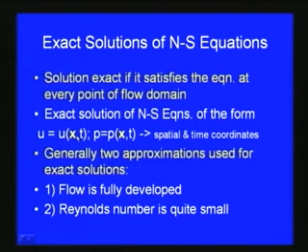We can generally write the exact solutions in terms of velocity, u as a function of x and t, where x represents the coordinate system x, y, z corresponding to a 1D, 2D or 3D problem, and p as a function of x and t. That means we get the velocity and pressure variations in terms of the spatial and time coordinates.